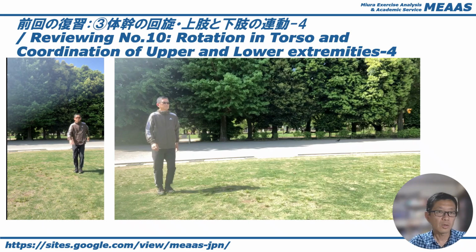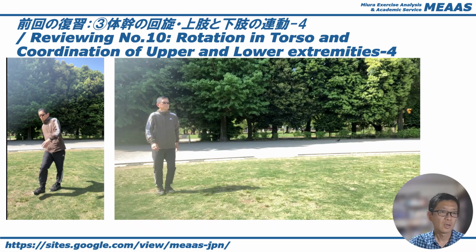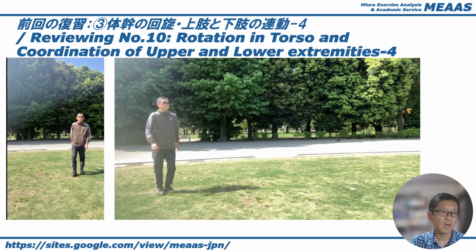This is the last of the reviewing of number 10. There's not so much difference to the number 3. Only free hand. On the number 3, you grip both hands, but on this exercise, you can swing your hand free.